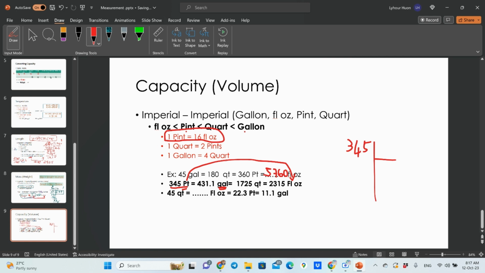Okay, now good track. So we convert pint to fluid ounce. Since pint is bigger, we multiply.